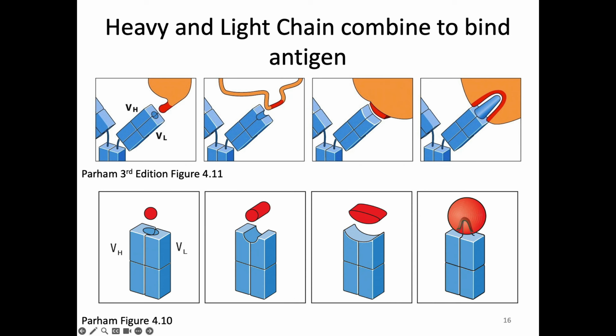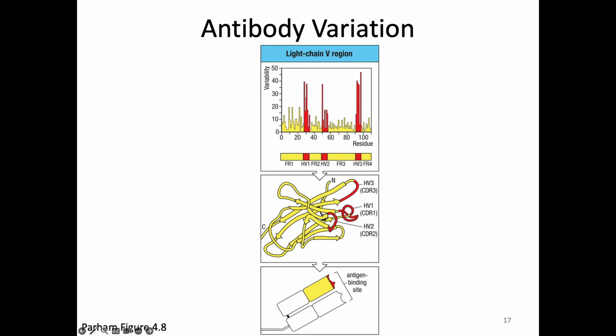But I would find that the differences were mostly in one part of the variable region. The variable region isn't equally variable all the way across the immunoglobulin domain. There are parts that are extra variable, the most variable. We refer to those as the hypervariable regions, or HVRs.